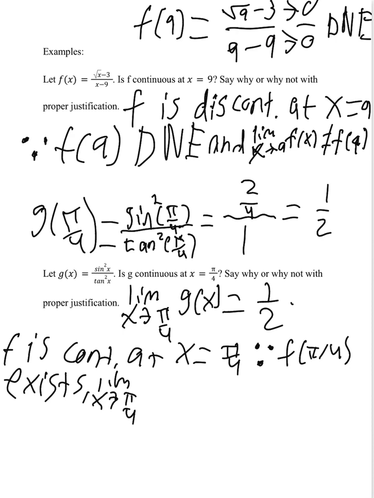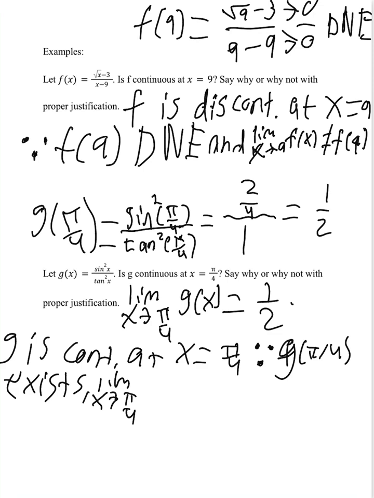Oh, and this is my bad. The function is not f, it's g. I apologize for that. That's another thing: you want to make sure you're using the correct function. We usually use f of x as the function, but sometimes it'll be a different function.